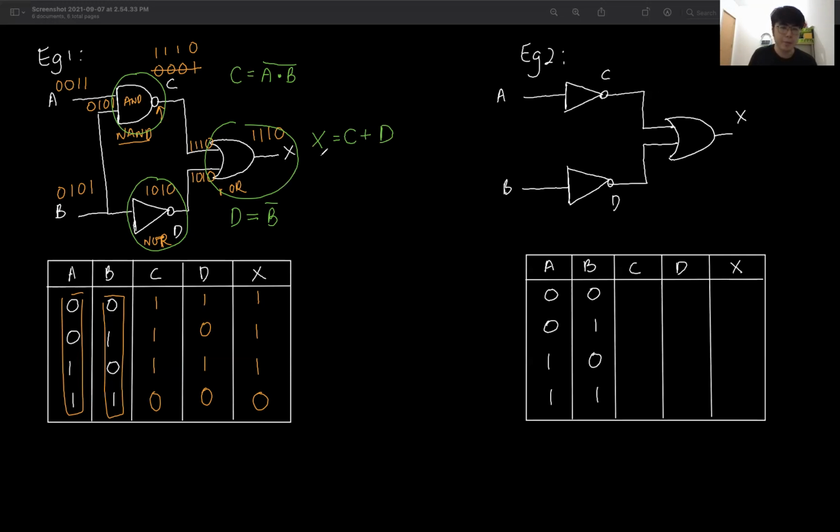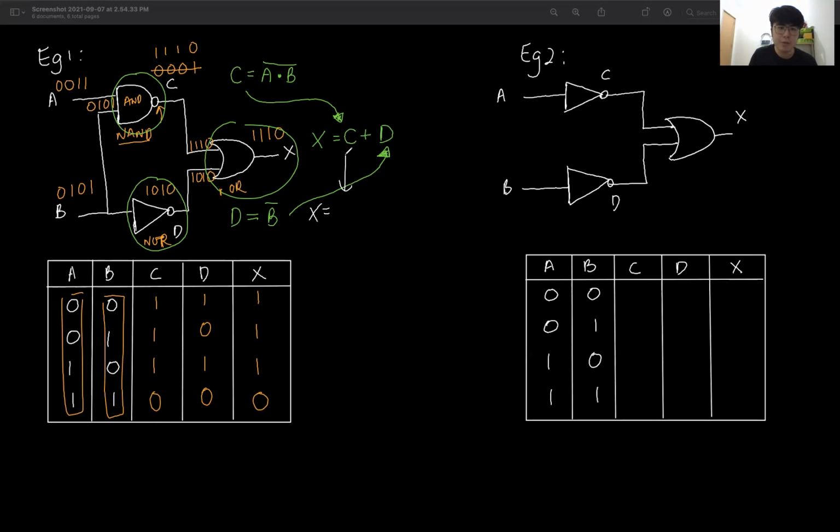Okay, we go slower. Now I will put this one in here and this one in here, because I want the expression to be X in terms of the input. The input is A and B, so my equation must be in terms of A and B. So I put the C in here and continue down here.